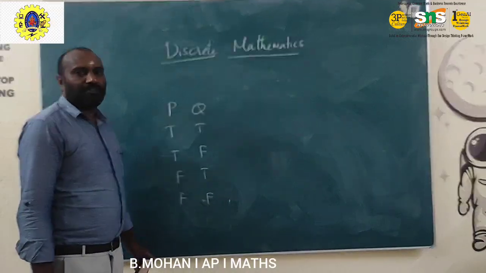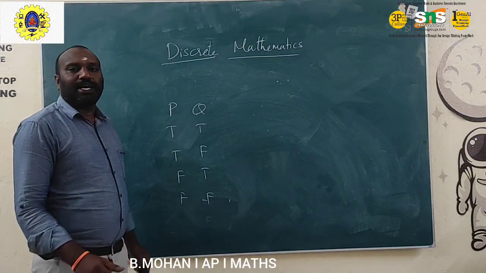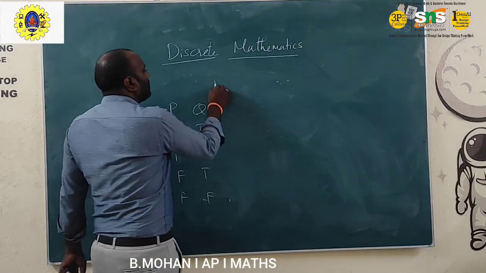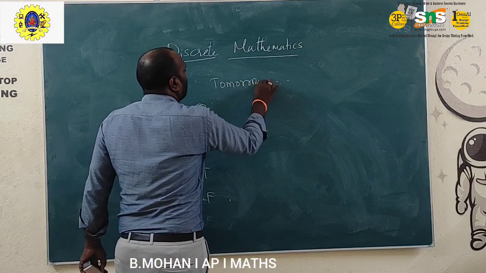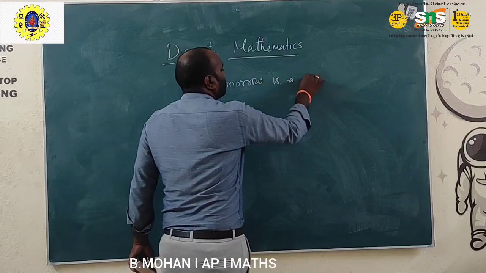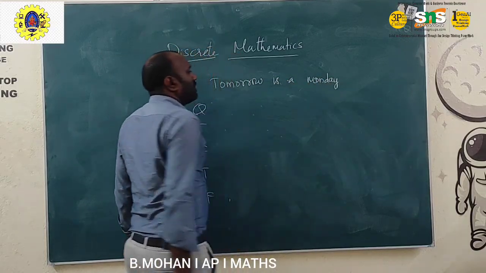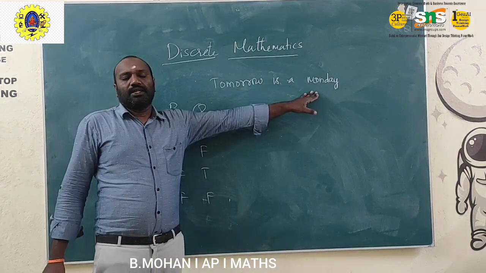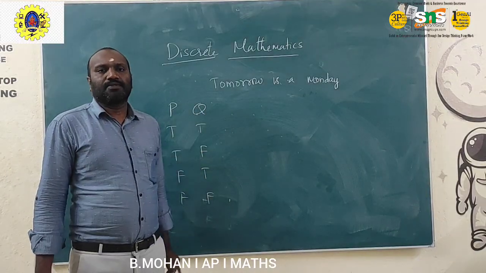Basically this true or false, we know that a statement will be true or false. Take the statement: tomorrow is a Monday. In this statement, is it true or false?